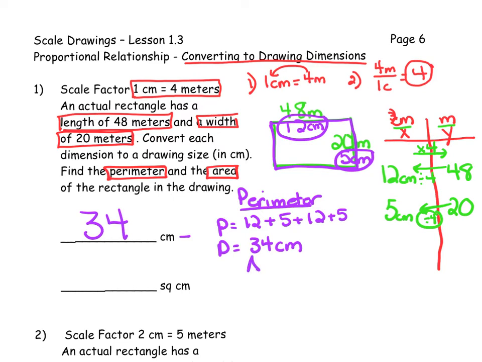Now let's calculate area. We know we use the formula area equals base times height. In this case, we're going to use 12 centimeters times 5 centimeters. 12 times 5 is an area of 60 square centimeters, or centimeters squared.